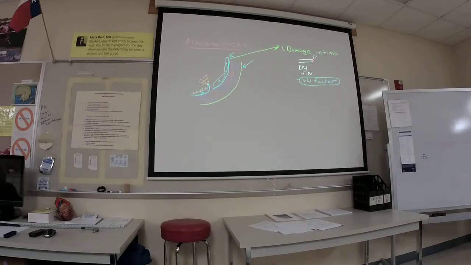Now, one of the things that you're going to learn when we talk about the coagulation process in depth is that there are close linkages between the coagulation cascade and the inflammatory cascade. So just the fact that we have platelet activation and platelet plug formation because of von Willebrand factor, we are going to start inflammation. So what does inflammation do?